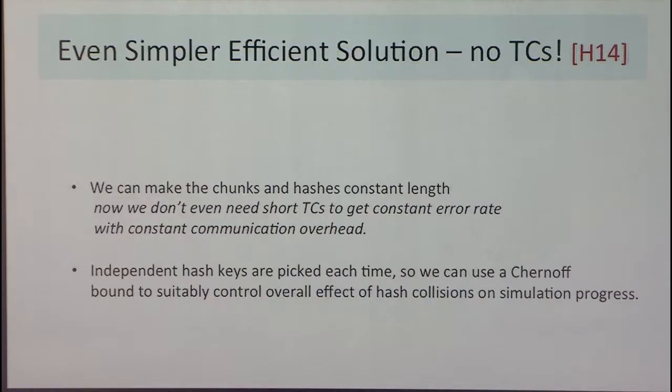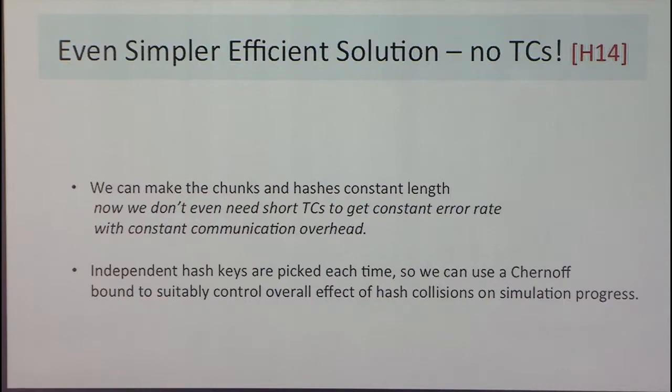Then we can make the chunks constant size, and we don't even need long tree codes. And since independent hash keys are picked every time, we can still use really powerful concentration bounds like Chernoff bounds to suitably control the overall density of the hash collisions and get nonetheless a very nice bound on the simulation progress.